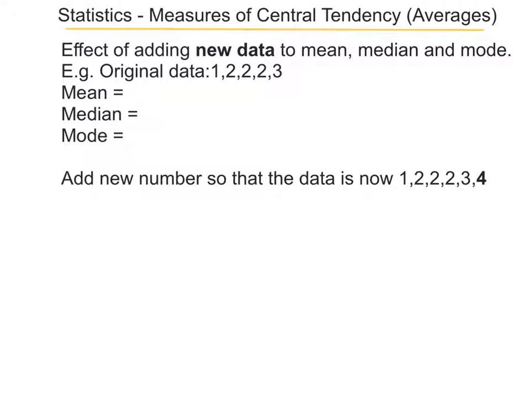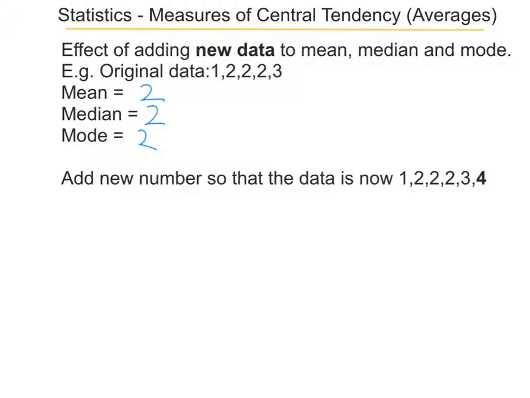To start off with, we'll work out the mean, median and mode for the original data. The sum of all the numbers is 10 divided by 5, so I'm going to get 2 for the mean. The middle number is 2, and the one that we count the most is also 2. So our measures of central tendency for the original data are all the same.